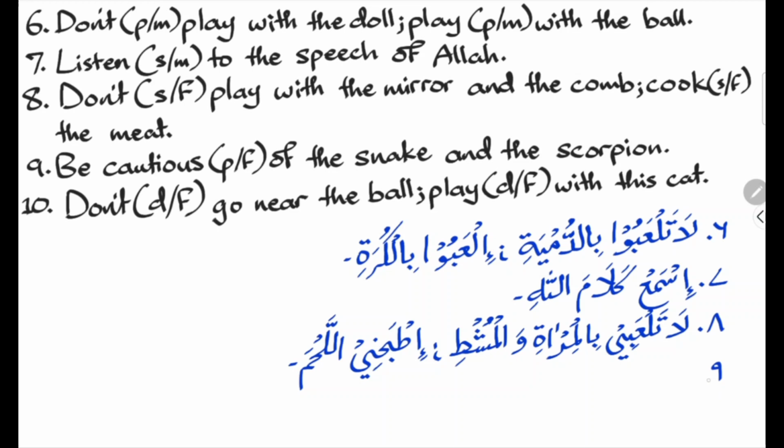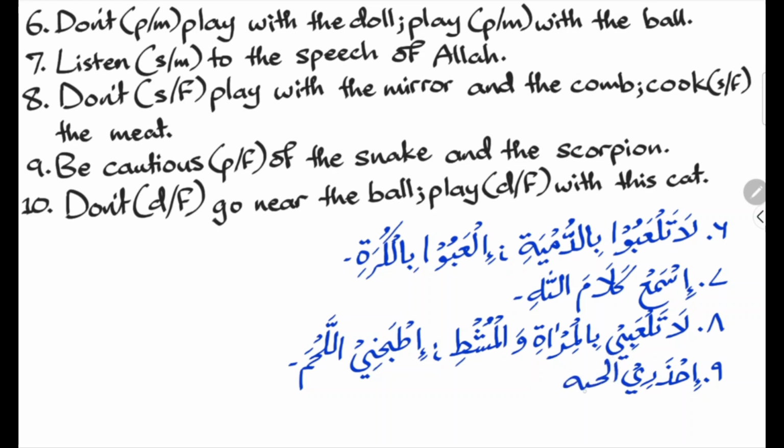Number 9. Be cautious, plural female, of the snake and the scorpion. Being cautious in Arabic is hadira, yahdaru. The amr for hadira for plural female is if'ali, which is ihdari. The snake, al-hayya.